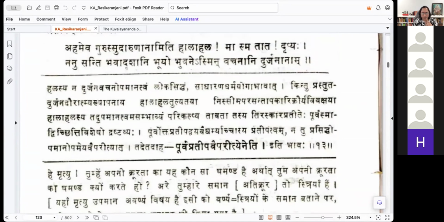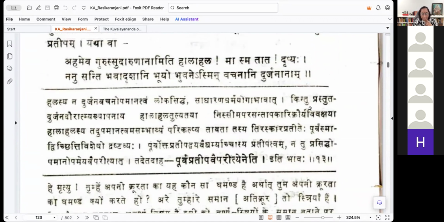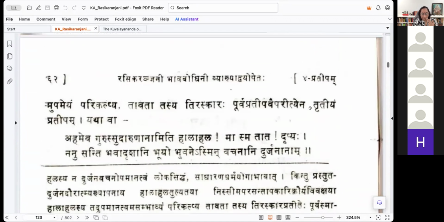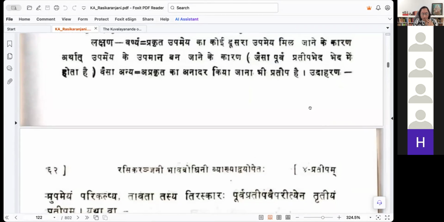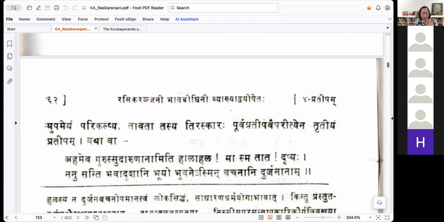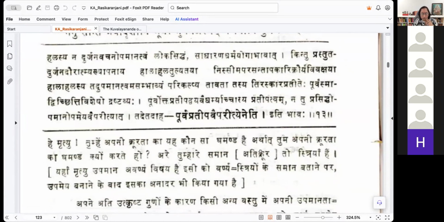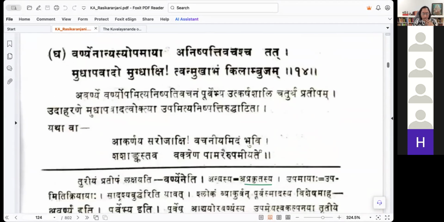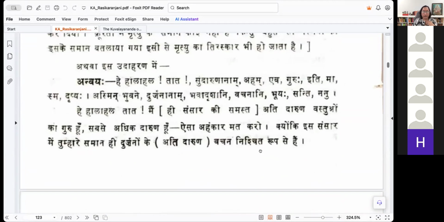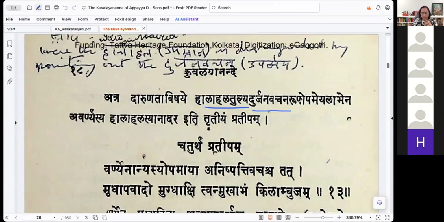Yeah, the Prasiddhaitva is there, right? Where is it? Mukha Sadrishyam something is there. No, that is not it. That is Aparam Udaharanam. You haven't read it yet. Ahameva guruhu sudarunanam iti halahala masma dripyaha is there. Then what? Prasiddhaitva is there in my book. I don't understand where it has been put. You send me a photo later. I'll try to explain it. I'll send you this. Okay.